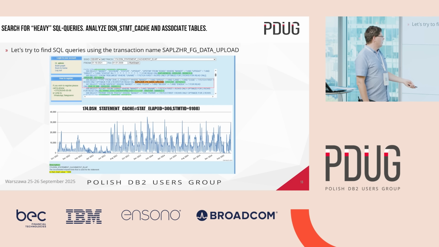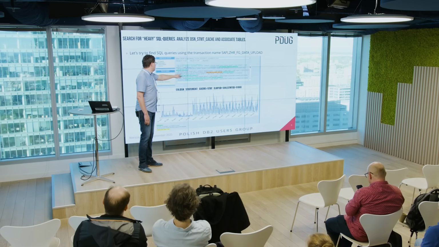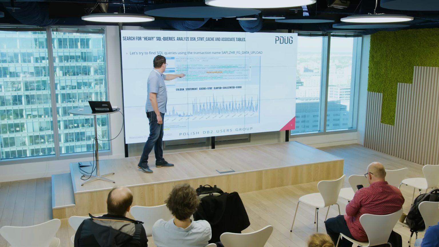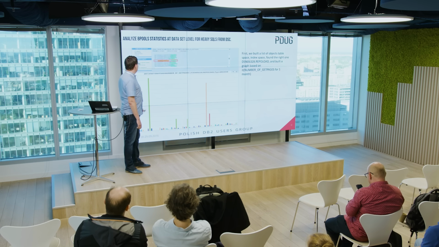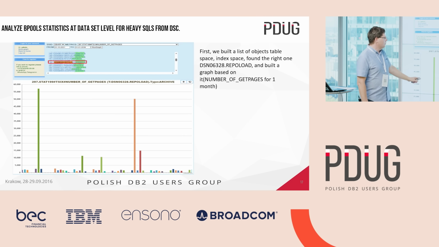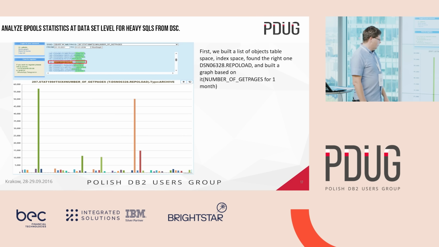Maybe SQL number 306 uses table HRP, and in this slide I found a table space from this table and built charts by parameter number of get page, over a long period of time, maybe 1 month, 2 months, to have a complete picture of how this parameter changes.